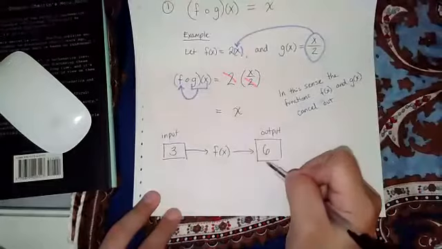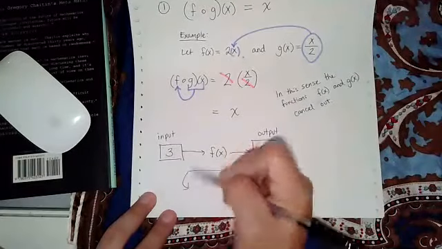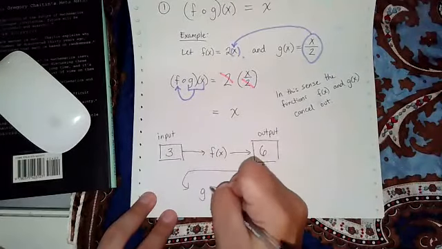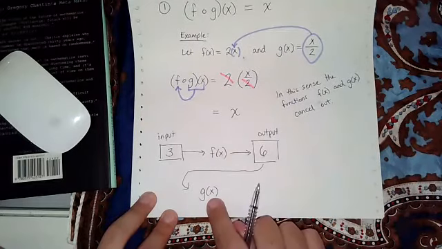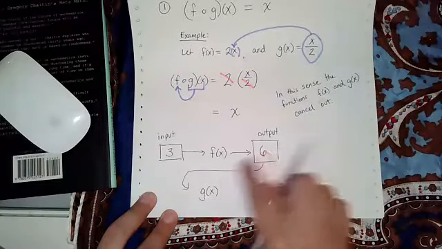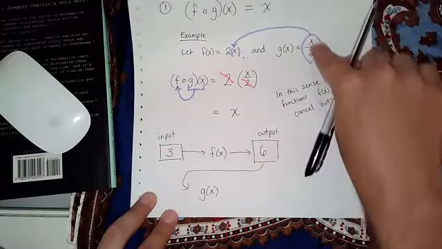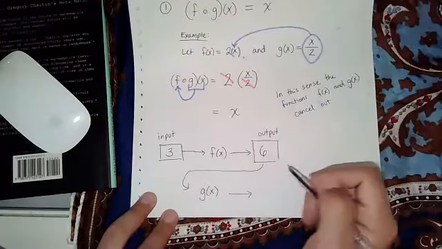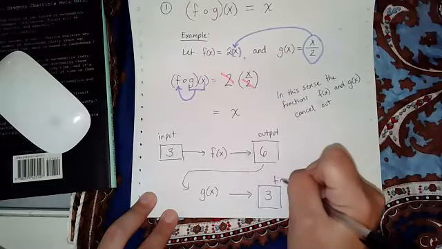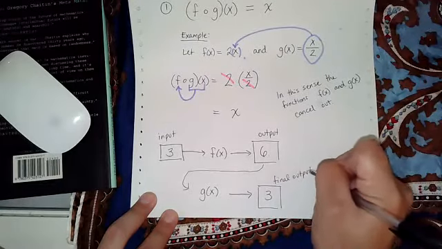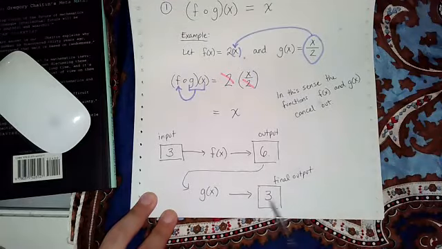But if I take that output now and use it as the input of my function g of x, which is the halving function, well, if I plug 6 into g of x, which is 6 divided by 2, then I would just end up with 3. So that's my final output. But it's as though I ended up where I began. It's as though I didn't apply any functions at all, because both of those functions are inverses and they cancel each other out.